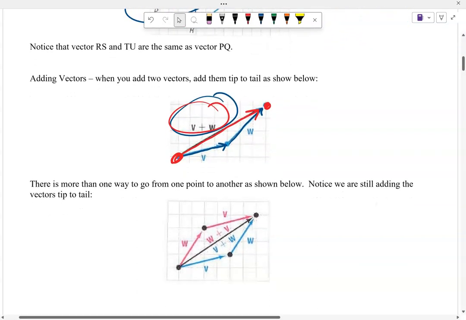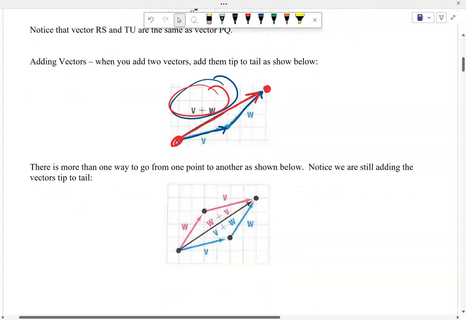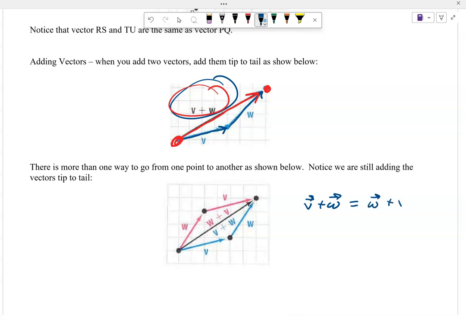The commutative property of addition holds for vectors. In other words, vector v plus vector w is the same as vector w plus vector v. Here it's showing v plus w is right there. But if I did w first over here, so I went up 3, right 2, and then I did v second, it's still the same vector in the middle.